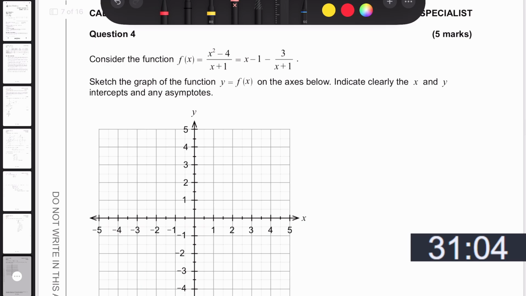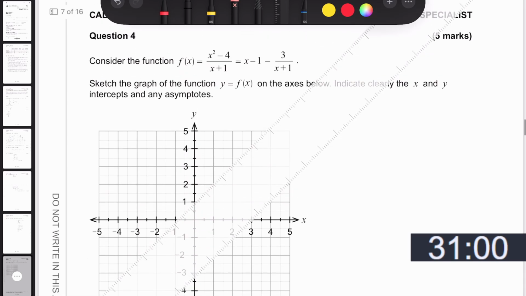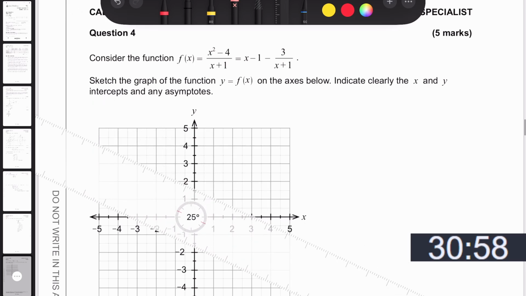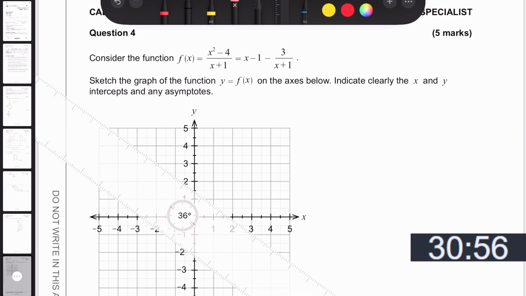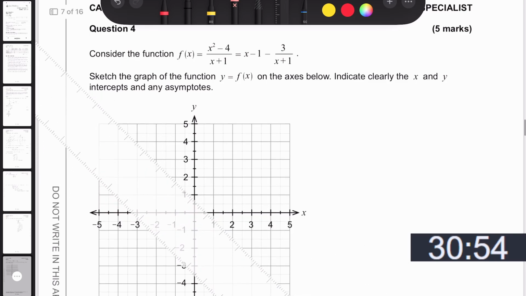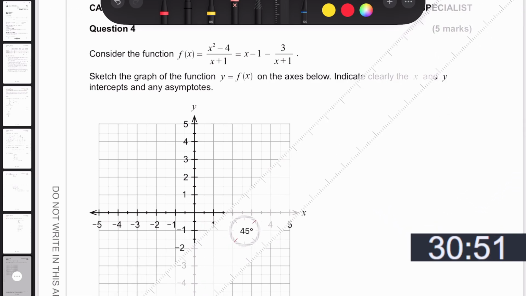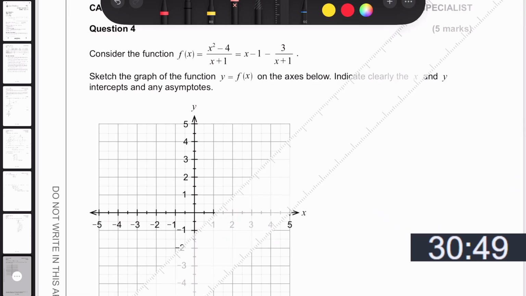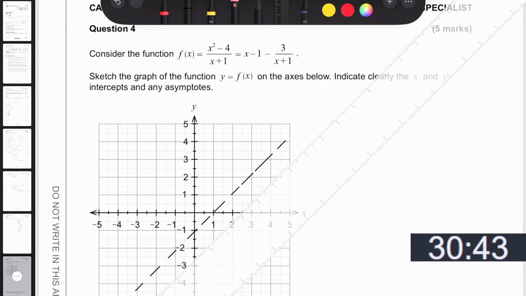Consider the function. Sketch the function, indicate clearly the x and y intercepts and any asymptote. So we're going to have an asymptote of x minus 1, so minus 1, and we have this like this. Oh, that was a bit off.